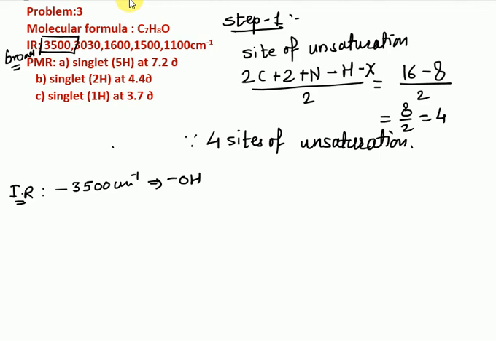Only a single hydrogen is there, and if that hydrogen is present as OH, definitely an alcohol is there. The stretching frequency at 1100 per centimeter also indicates alcohol, the carbon oxygen single bond stretching. And the 1600 and 1500 peaks indicate unsaturation, the presence of an aromatic ring, benzene ring.